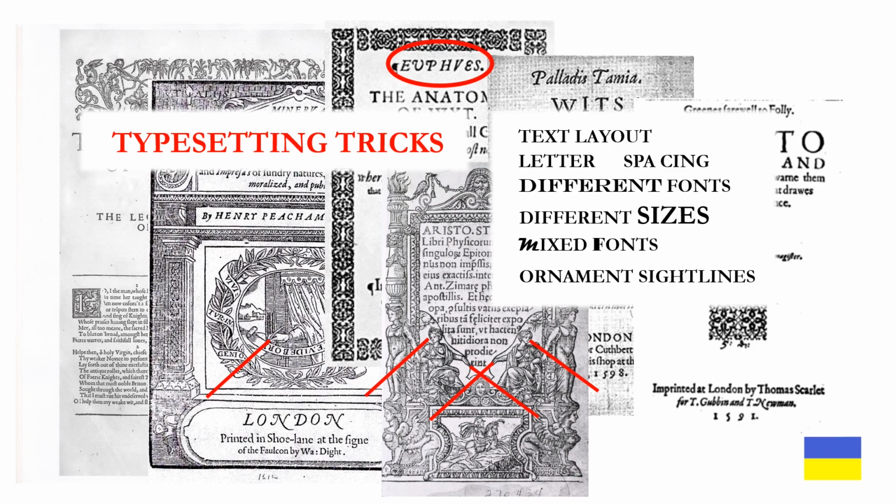The use of mixed fonts within words is also common. The example in the upper part of the page with Euphues is an example. I haven't yet figured this one out, but they use Latin and Greek letters. Finally, we have ornamental sightlines, where the ornaments are pointing to words and numbers that are significant.